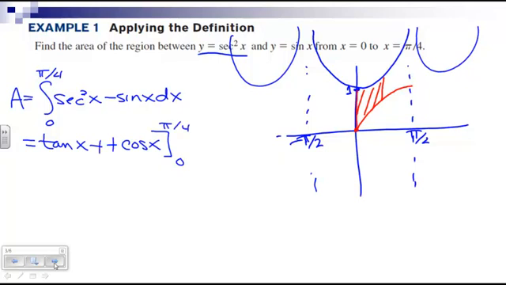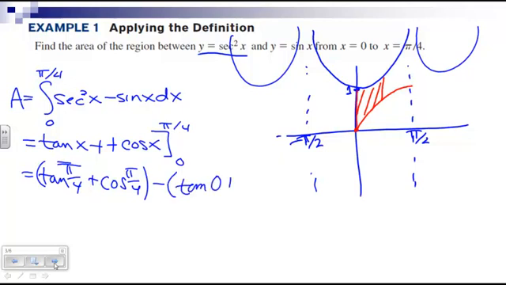Don't like negative signs, but we got two of them, so they cancel out. Looks to me like I've got the tangent of pi over 4 plus the cosine of pi over 4, minus the tangent of 0 plus the cosine of 0.